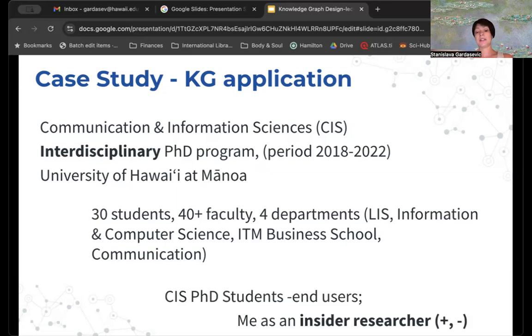So for this system, CAS PhD students are the end users. And me as a researcher, I am an insider to this research, which has its benefits, which are that I know the people, that I know the jargon, that I know a lot about the program because I was there for a while before I started studying it.